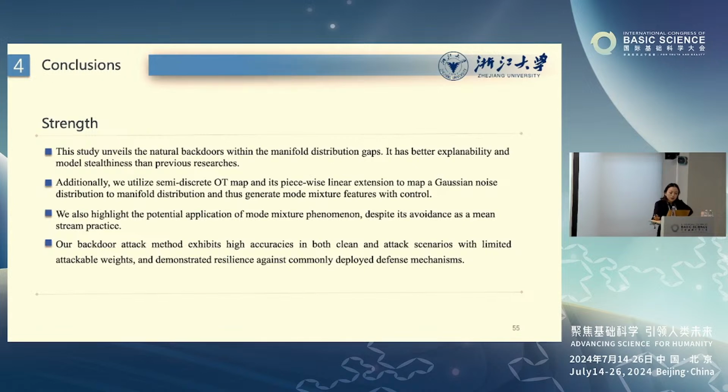So the nature it has, and additionally we utilize its piecewise linear maps the distribution to manifold distribution with optional mixture phenomenon despite the it's as a mainstream practice.